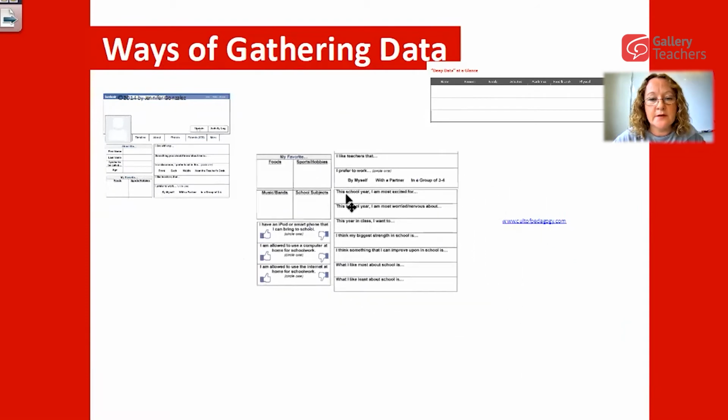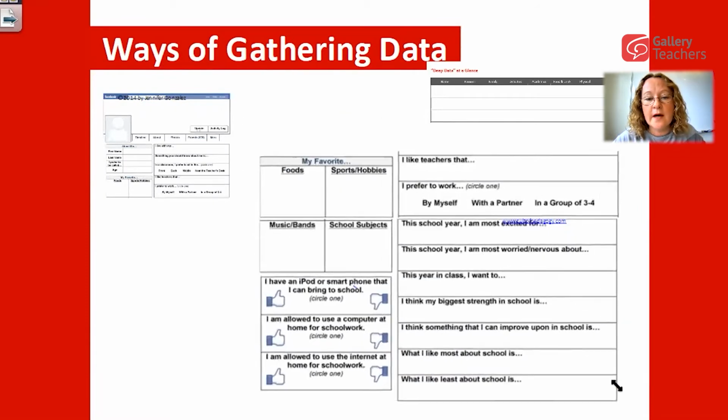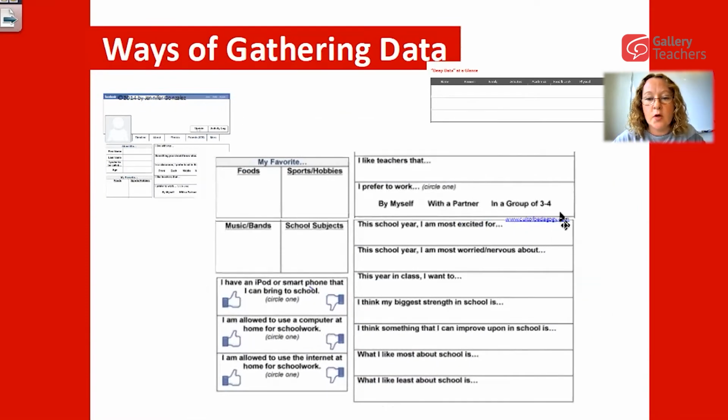And on this part of it, we've also got other information about the equipment that they might have available, their strengths, weaknesses, etc. And again, you could adapt this to the information that would be useful to your personal teaching context to be able to know a bit more about your learners. So you start to collect that data.